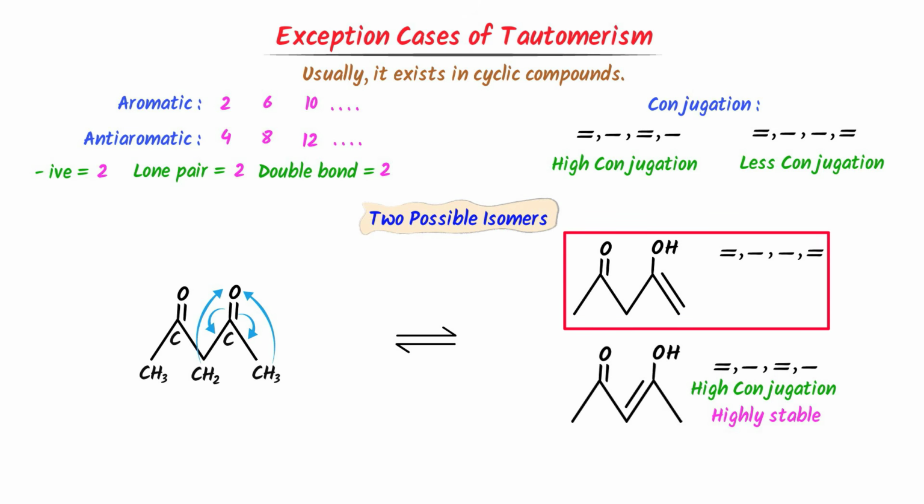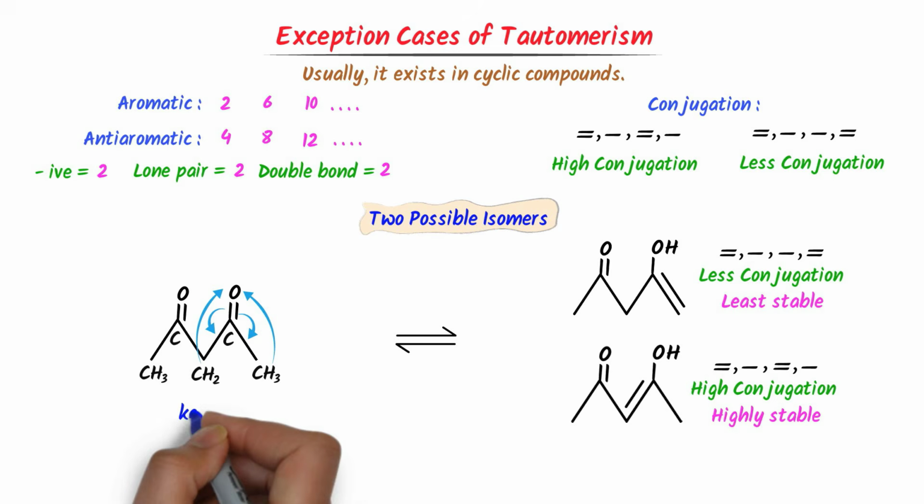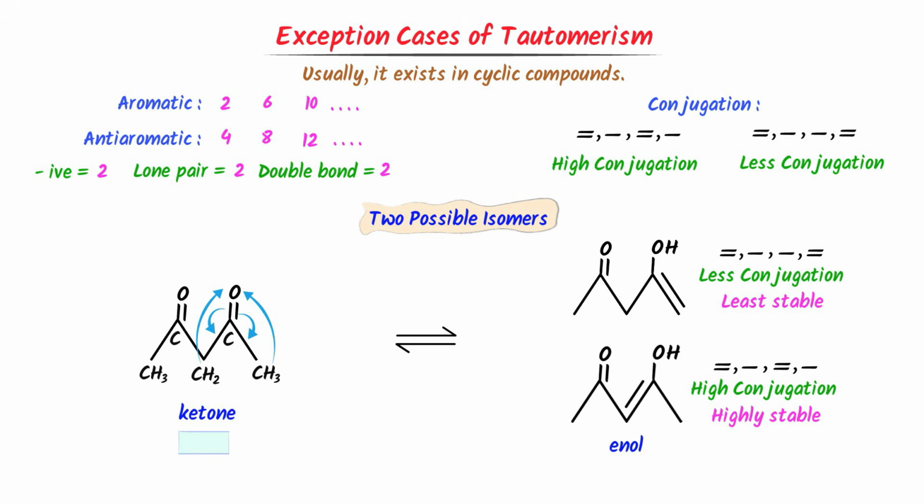While this compound does not have alternate single and double bonds, it is less conjugated and less stable. Thus we will get greater content of this compound. We know that this is ketone part and this is enol part. I get 85% of ketone part and 15% of enol part. Hence note down this exception case.